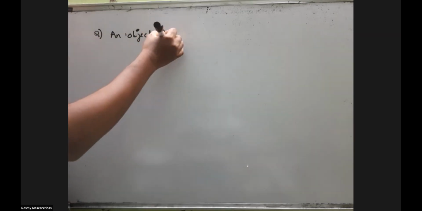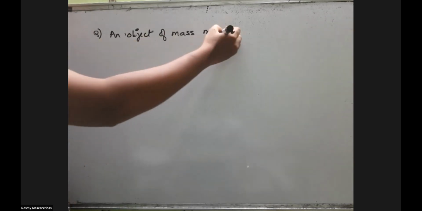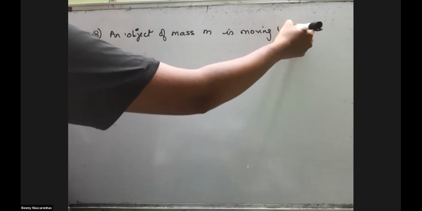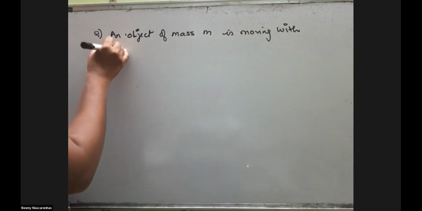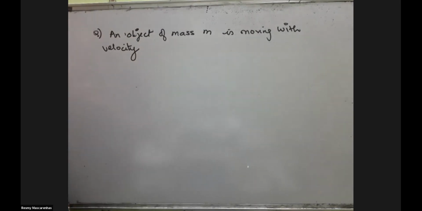An object of mass m is moving with velocity v naught.